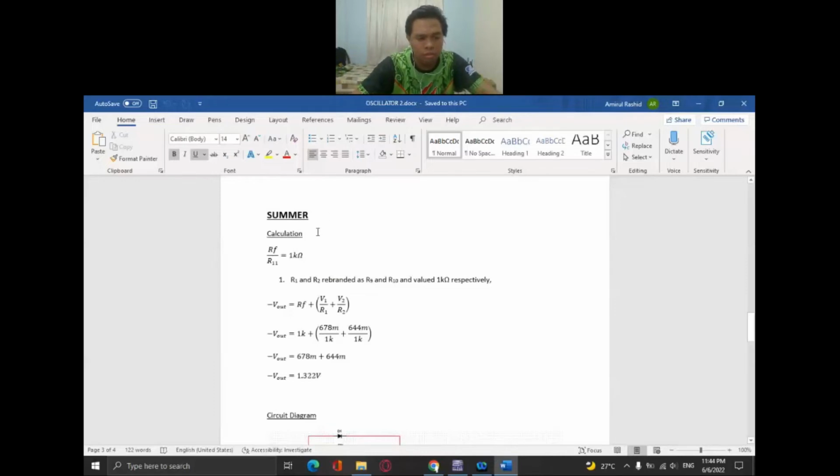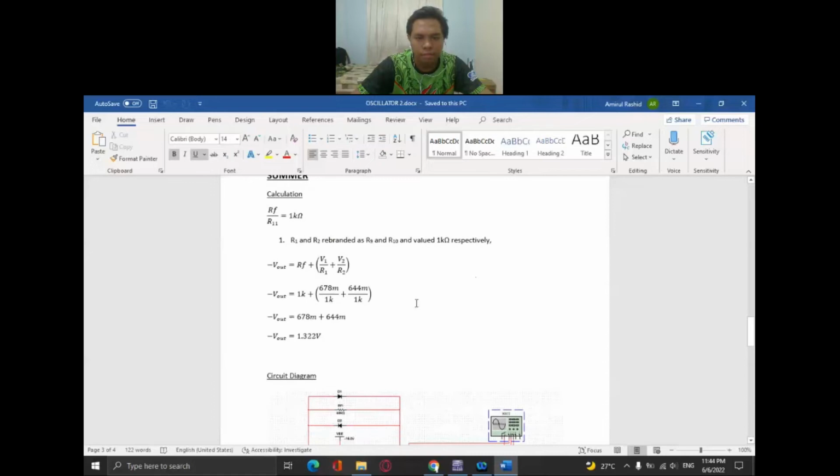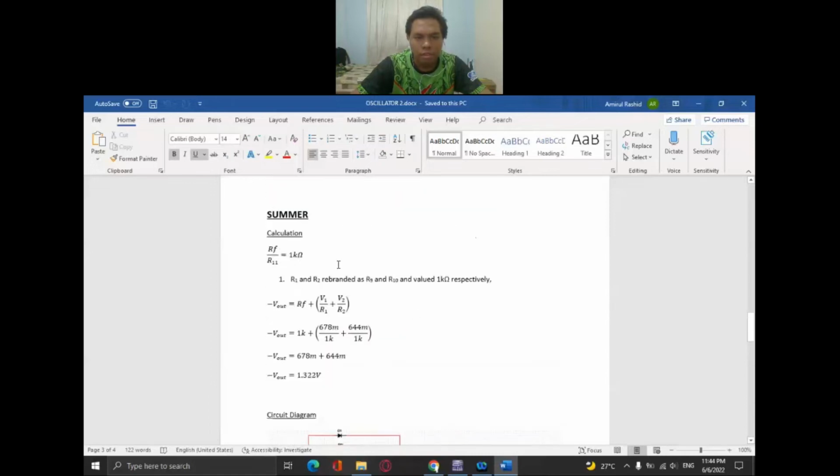The first oscillator was created by Daniel, and the oscillator 2 circuit was created by me. So I will combine both of the inputs into one output. This is the calculation to find Vout, the output voltage.